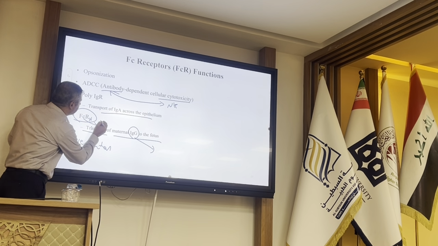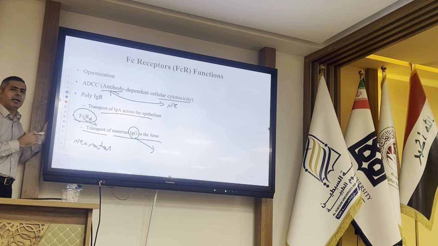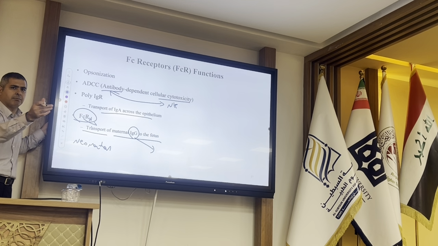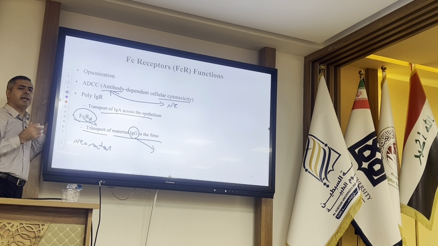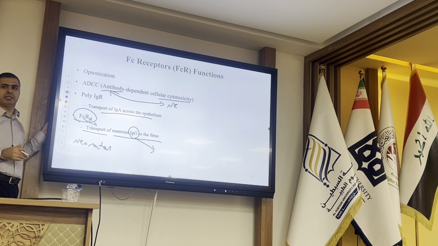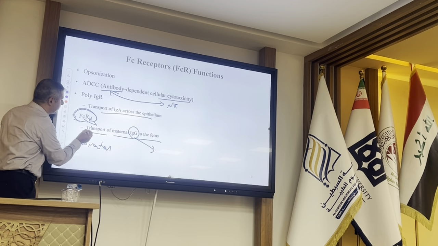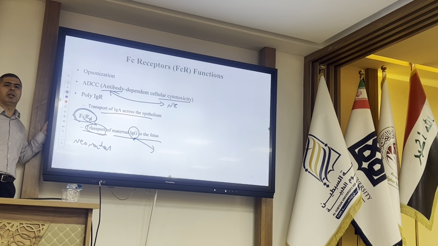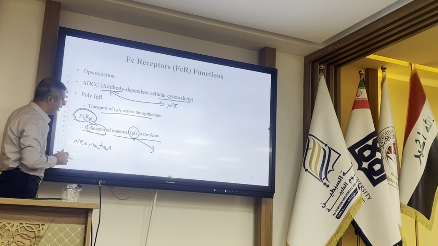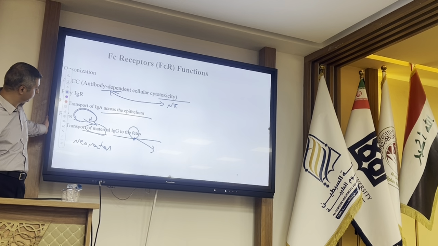So, for the transfer of IgG from the blood of the mother to the blood of the fetus through the placenta, we need one receptor which is called the neonatal Fc receptor. It is the Fc receptor of the fetus. Neonate is another name for the fetus. It is responsible for the transportation of IgG only, not IgM, not IgA, not other classes, to the blood of the fetus.